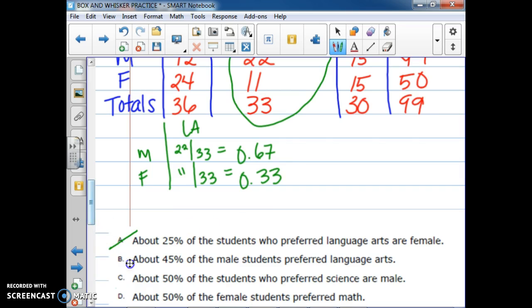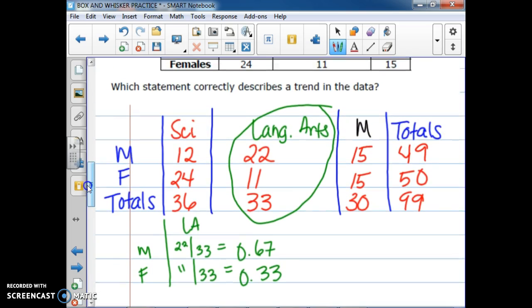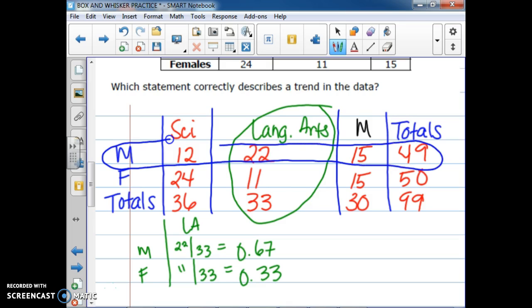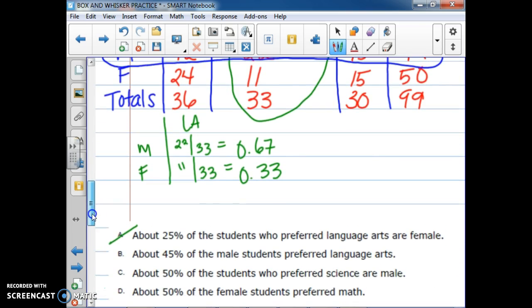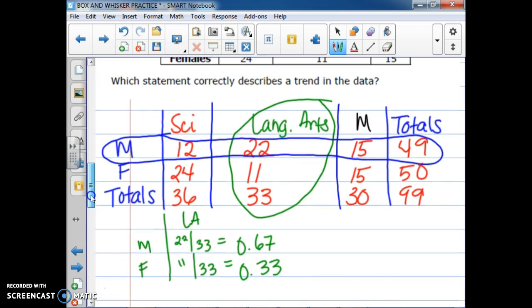All right, now the second one, B, says about 45% of the male students preferred language arts. So I have to look at all of the males. Now that's the category I'm talking about, the males. So I'm looking at this row right here. All right, and it says that 45% of the male students preferred language arts.